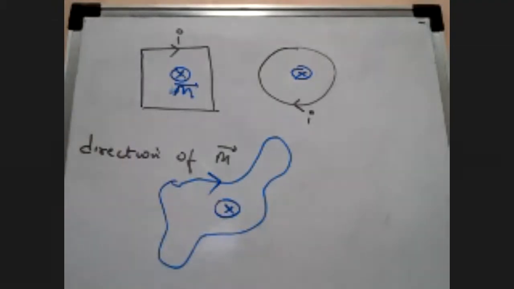Ultimately, instead of finding the area vector and the current, we are just trying to find the direction of the magnetic moment. For any shape, the magnetic moment simply depends on the direction of the current, provided the current is constant and it is in a loop.